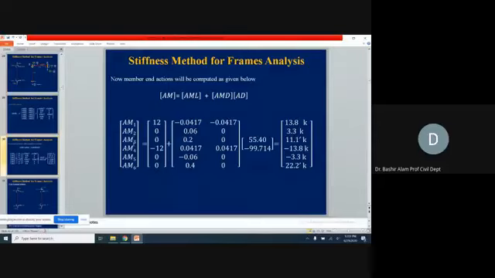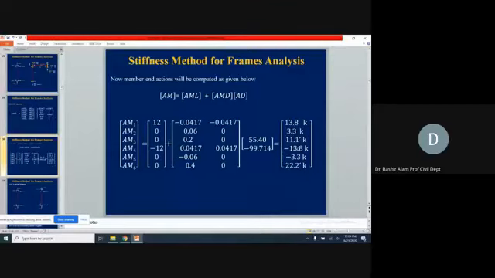So AM 1, 2, 3, 4, 5, 6 now. It's the multiplication, the product of this, and then addition with this one. Finally, we get these results. Initially, we assumed the direction vertical, so it means 13.8 is in the upward direction at joint A. This 3.3 is in the rightward direction, and 11.1 is in the clockwise direction.